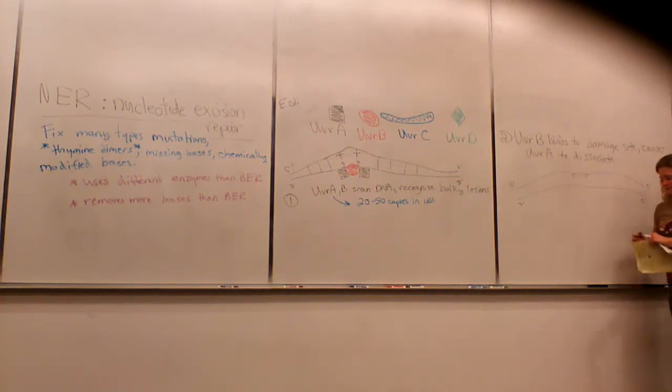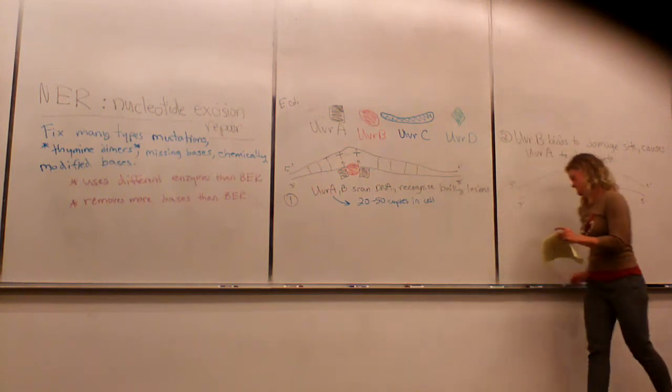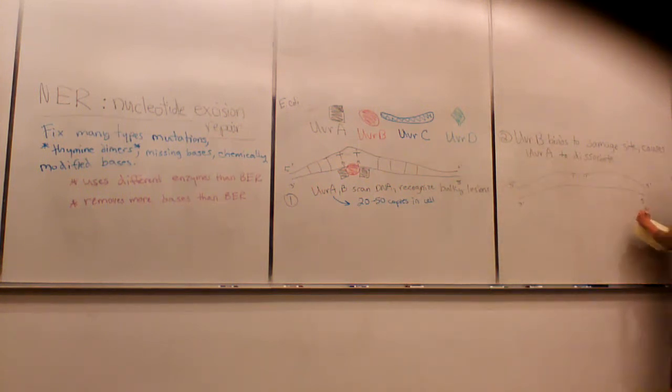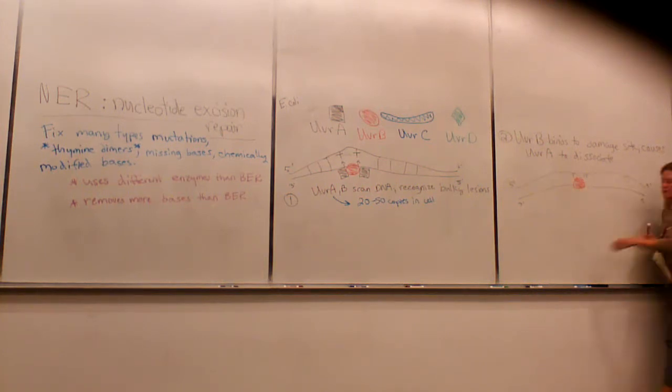So what happens, so we have A bound. B is bound. So UVRB is hanging out there. The UVRAs have fallen off.